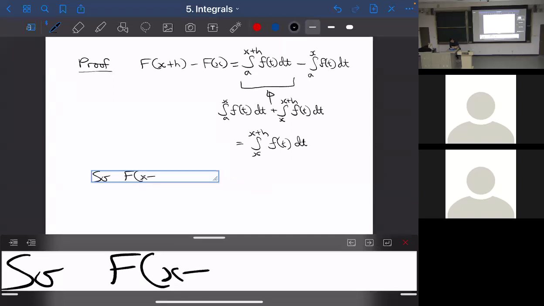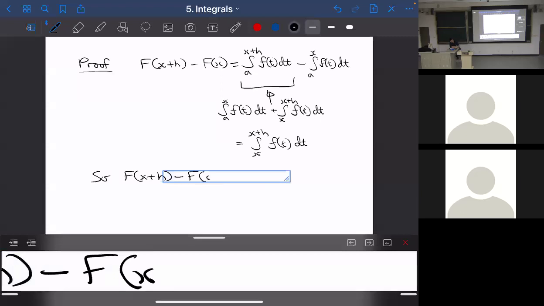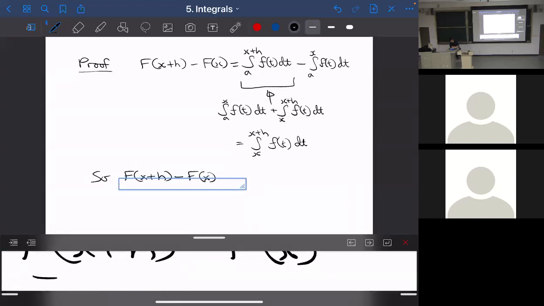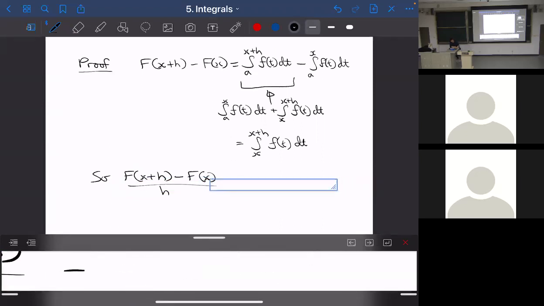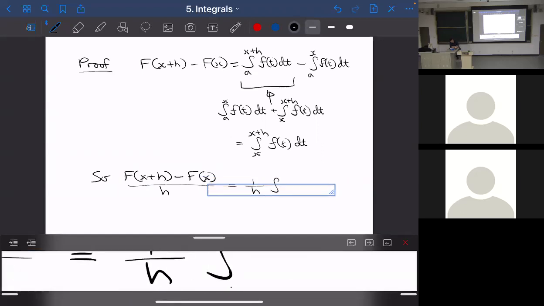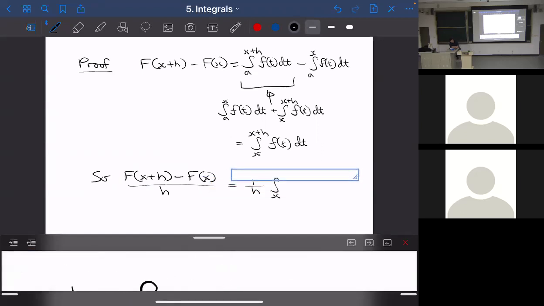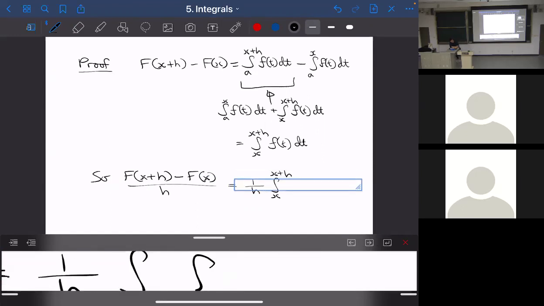So again, when we calculate the derivative of big F, we have to take this top bit and divide through by h. So by what I just said, that is equal to 1 over h times this integral.